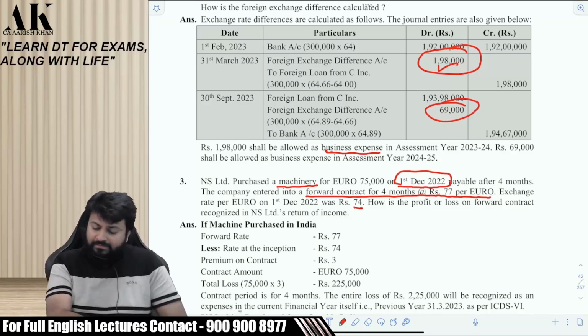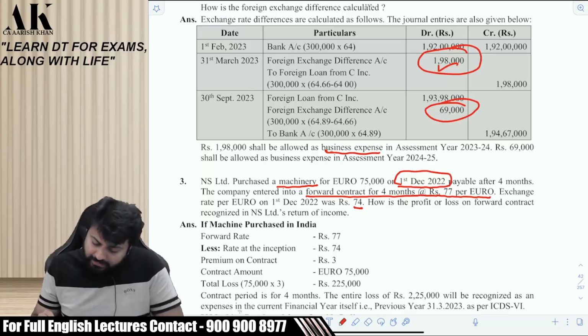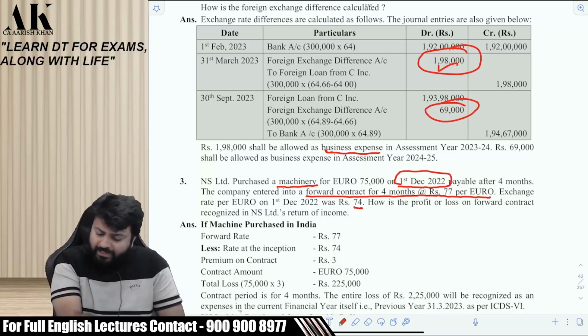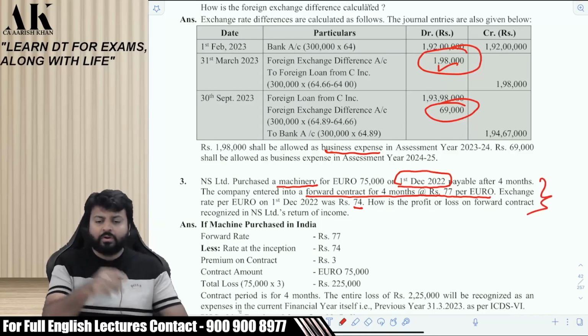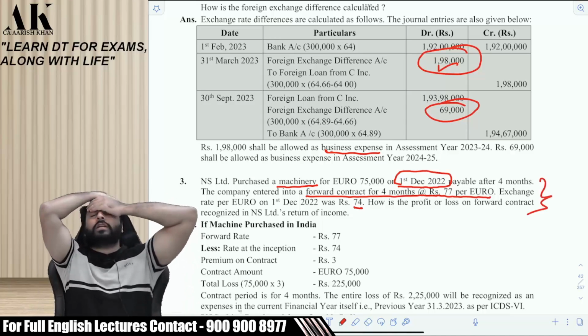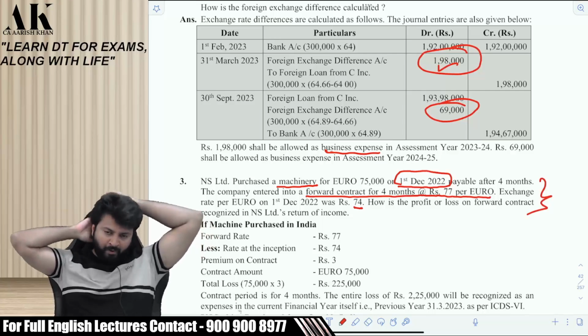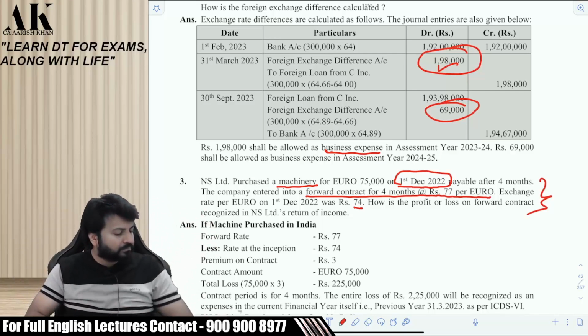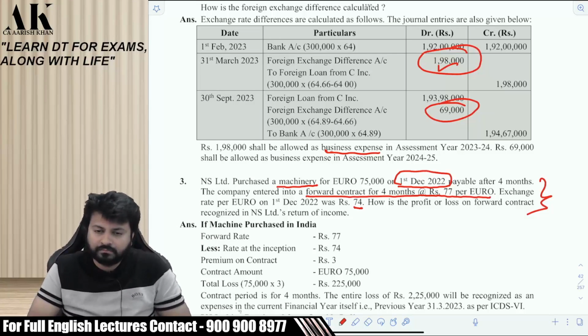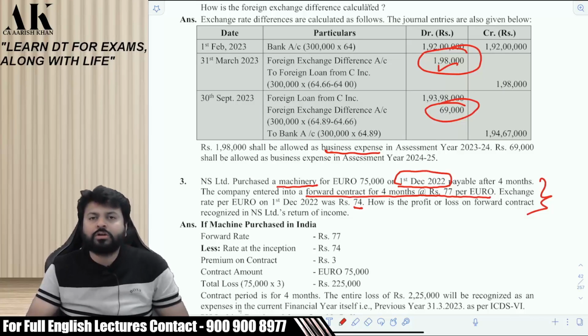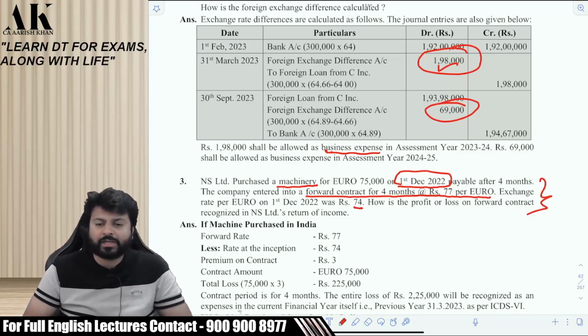Now, please see carefully what is written in the first 3.5 lines of the question. Read it carefully. Don't read the answer, please. My question to you all is, is it written anywhere from where the machinery is purchased?